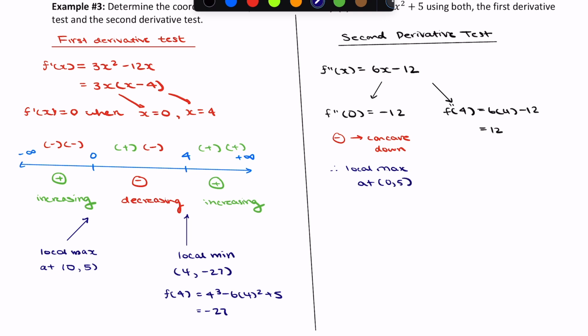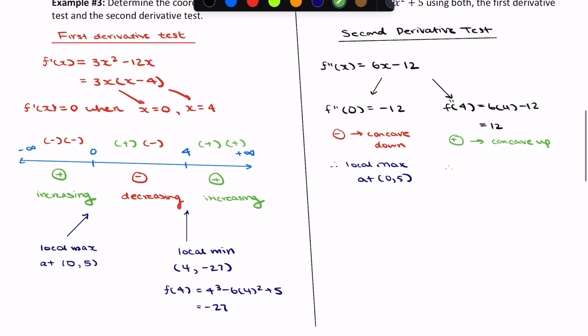And f double prime at 4 gives us positive 12, which means that it's concave up, and therefore there's a local min at 4 and negative 27.